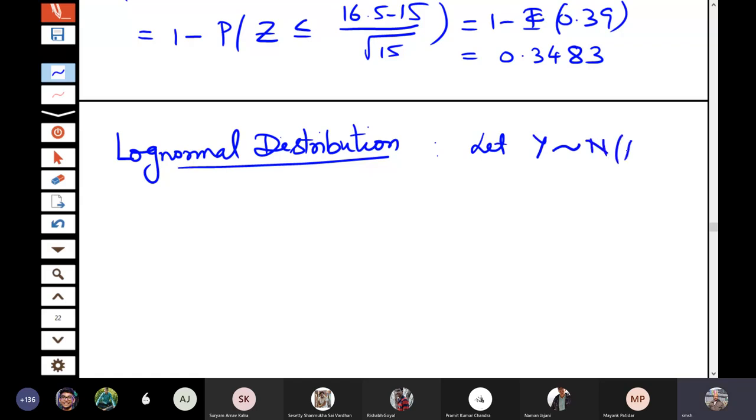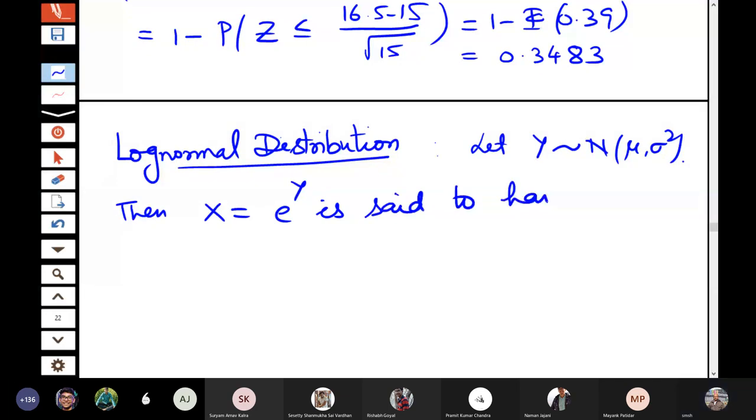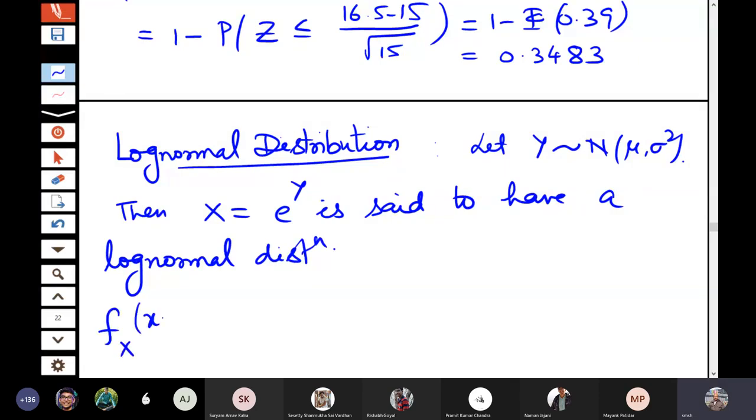If y follows normal mu sigma square, then x equal to e to the power y is said to have a log normal distribution. So what will be the probability density of x?